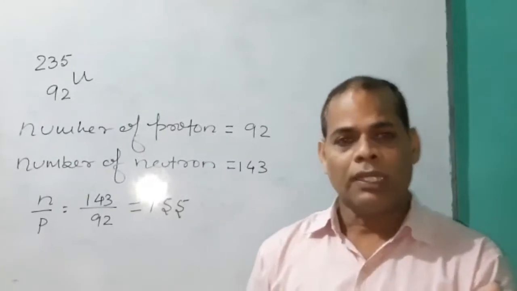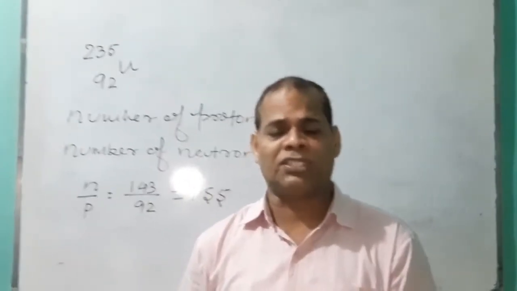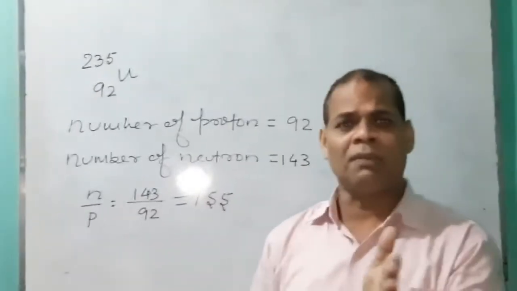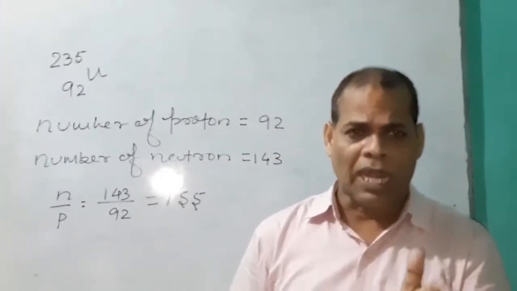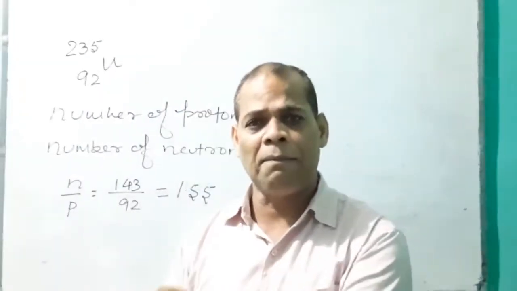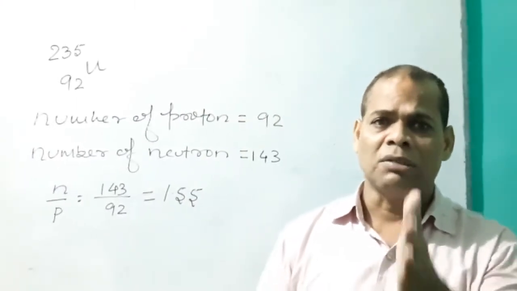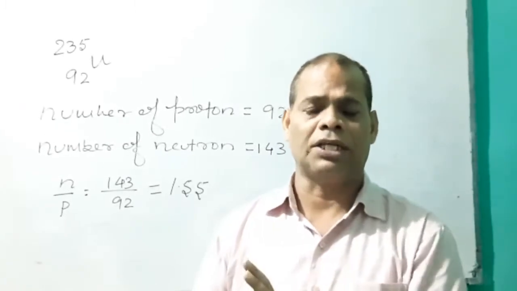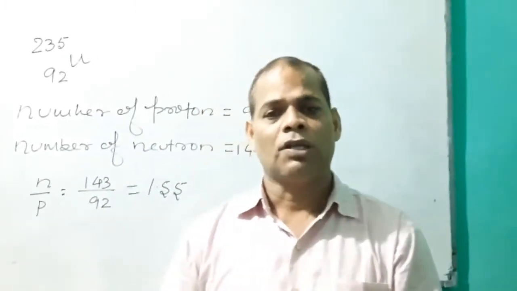Okay, now any radioactive element does not emit alpha, beta, gamma simultaneously. Some radioactive elements emit alpha and gamma, or some radioactive elements emit beta particles and gamma rays.